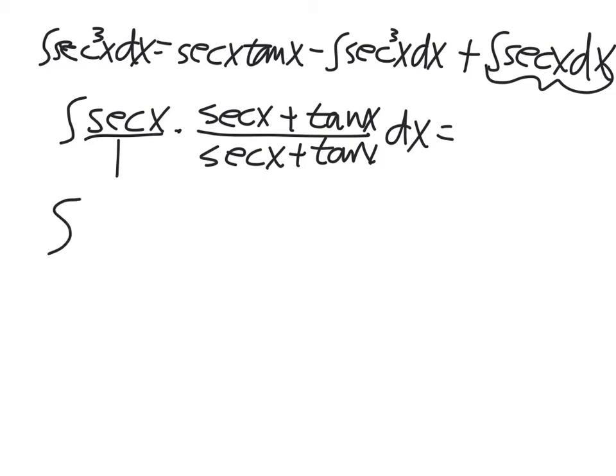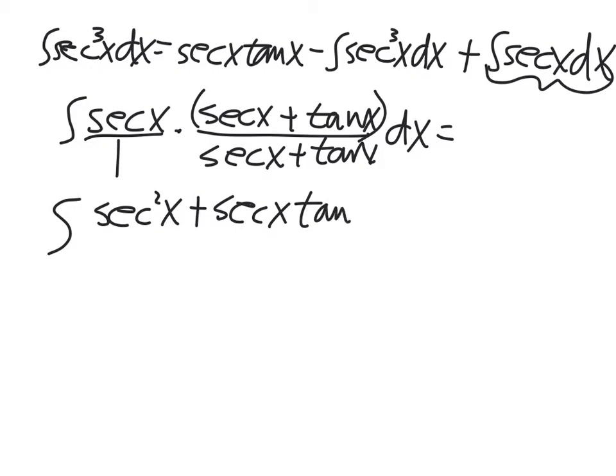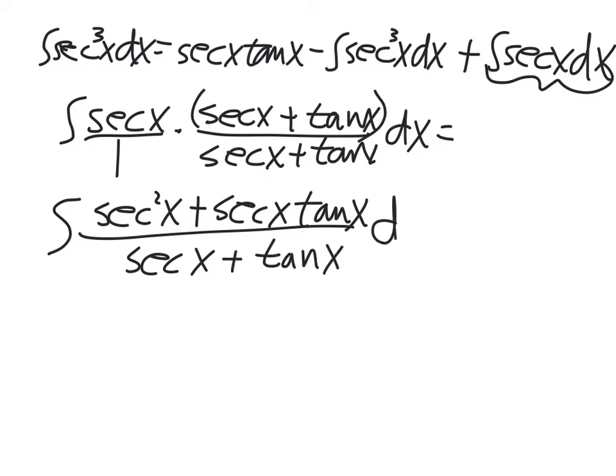So now, let's go ahead and multiply secant x through the top. And this looks like a much more complicated integral, but it actually fits into something we could do.